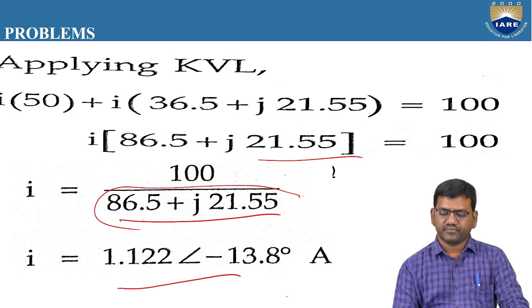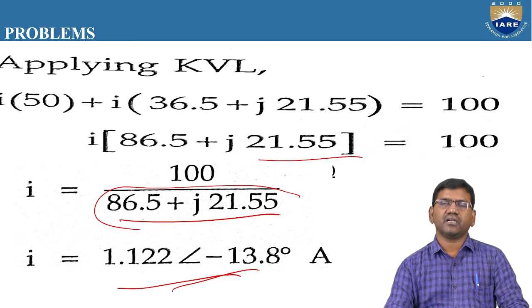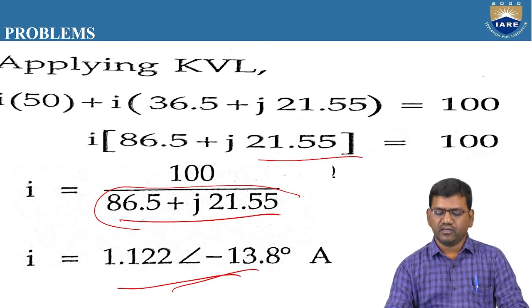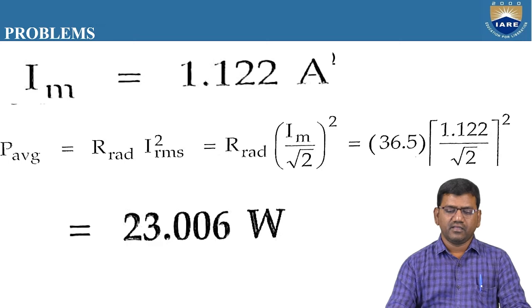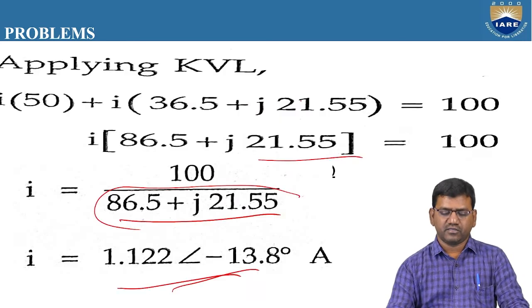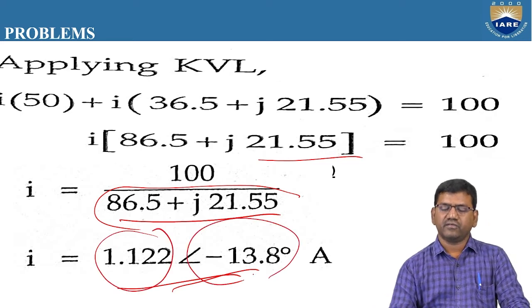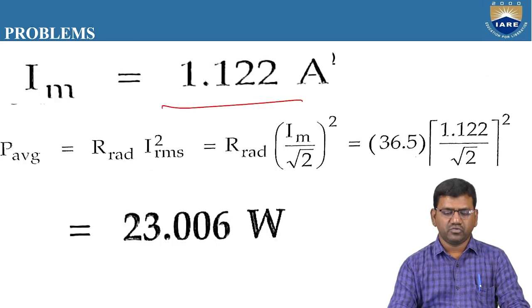So you are getting the value of I here, and from this value of I you can calculate the power. So Im is equal to 1.122 amps. You take only the magnitude and ignore the phase angle for this problem.